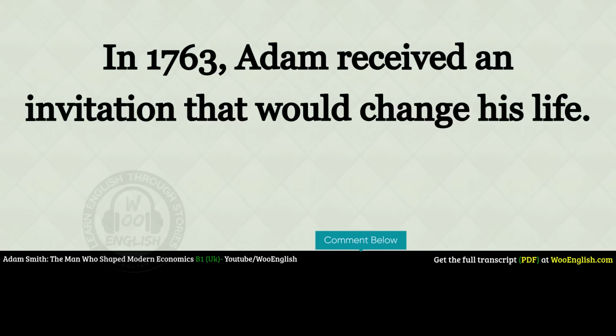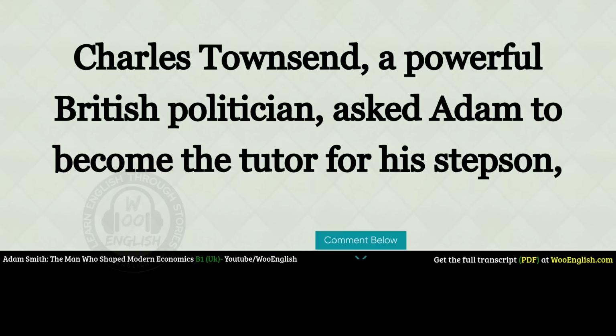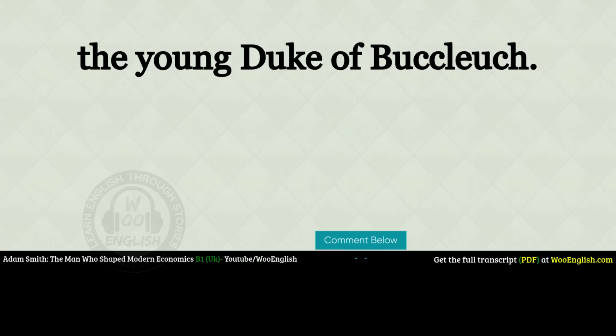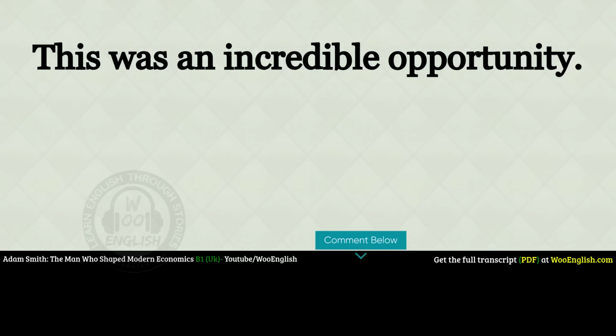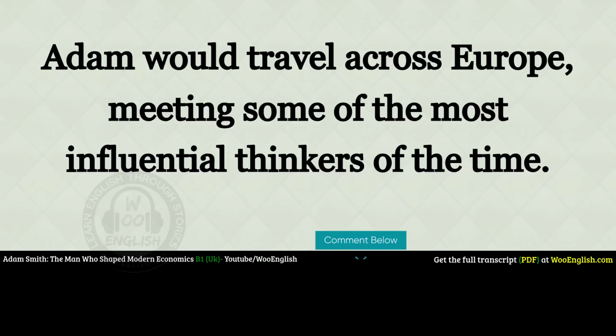In 1763, Adam received an invitation that would change his life. Charles Townshend, a powerful British politician, asked Adam to become the tutor for his stepson, the young Duke of Buccleuch. This was an incredible opportunity. Adam would travel across Europe, meeting some of the most influential thinkers of the time.